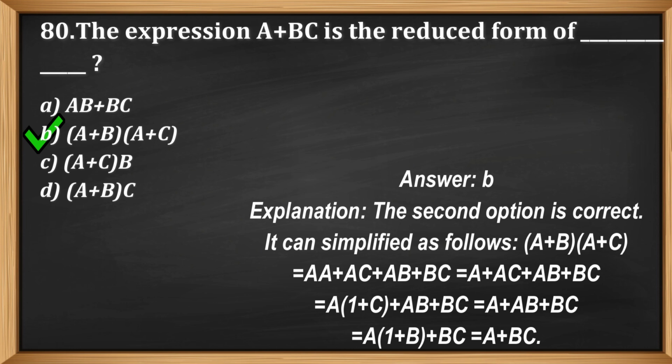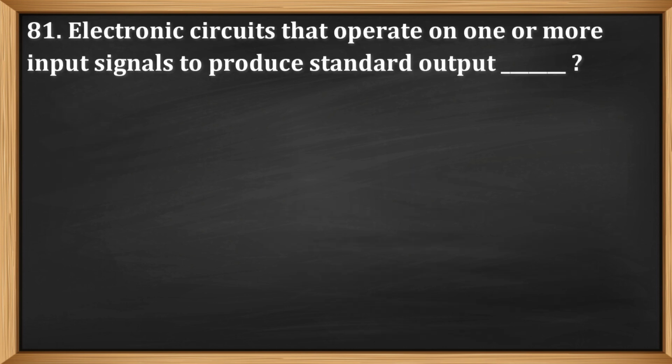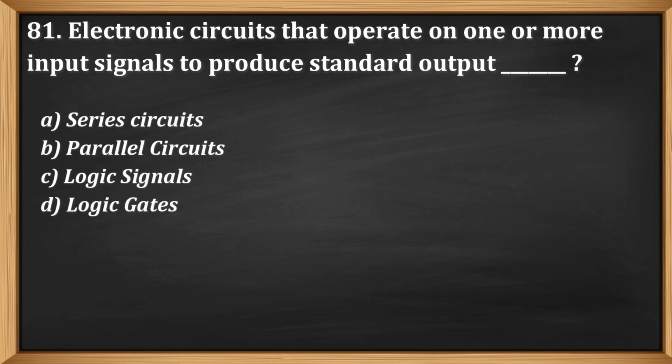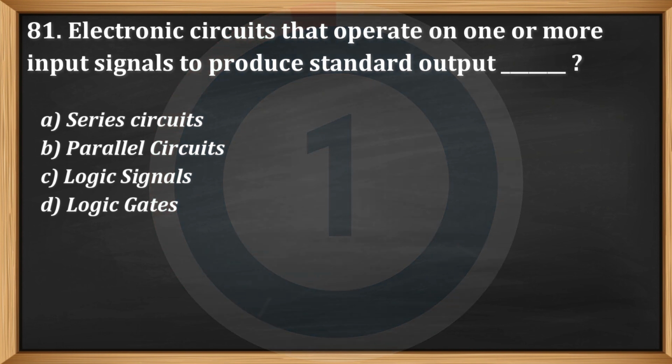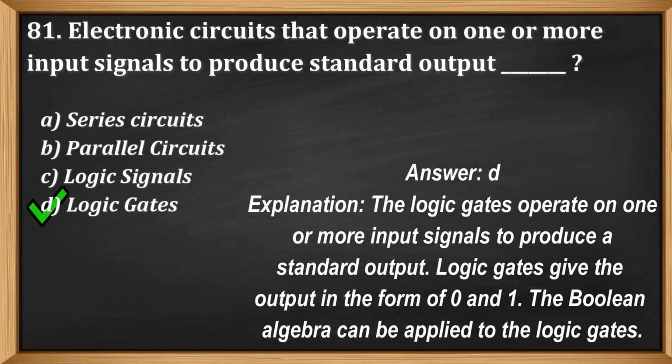The expression A plus BC is the reduced form of option B, A plus B into A plus C. Electronic circuits that operate on one or more input signals to produce a standard output.